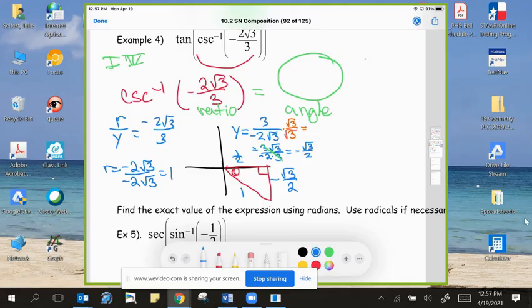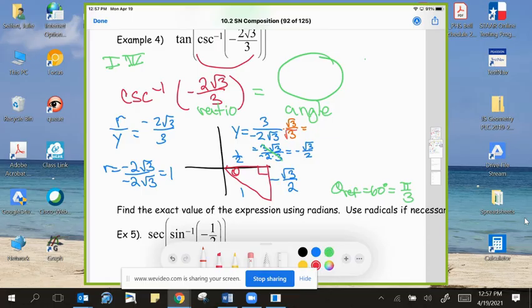Yes, it is 30, 60, 90. And that negative root 3 over 2 is across from a 60. That reference angle is 60, and in radians, that is pi over 3.